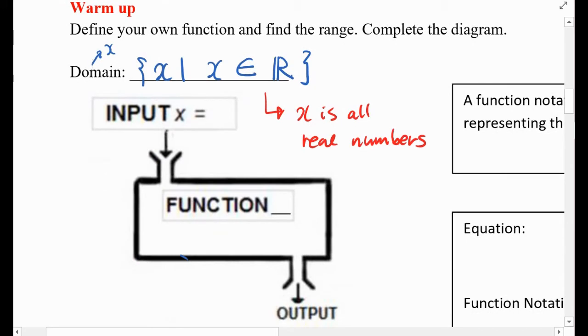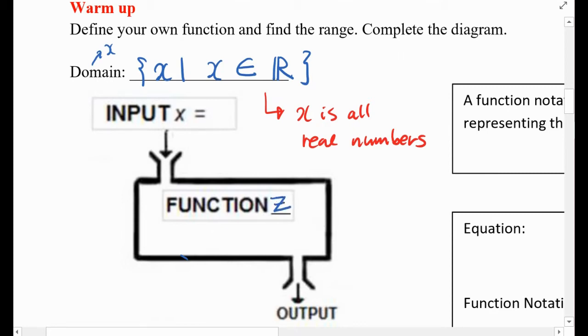We just defined our domain, and now we're going to define our function. The name of the function can be any letter. You can use f or g, but this time I'm going to use z.